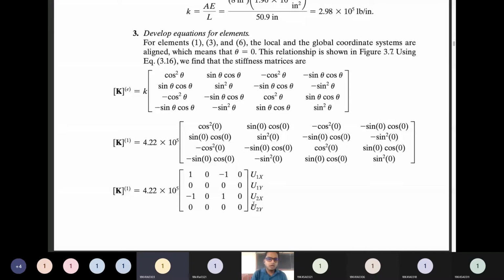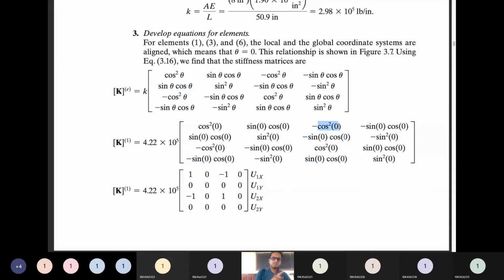Yes, cos square 0 equals 1, sir. Then why are we putting a minus 1, sir? See here, this minus sign is not inside the bracket of this square term.